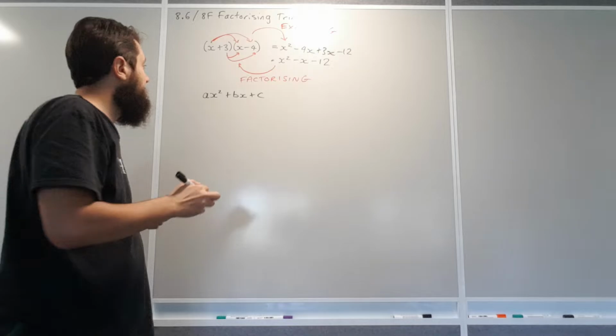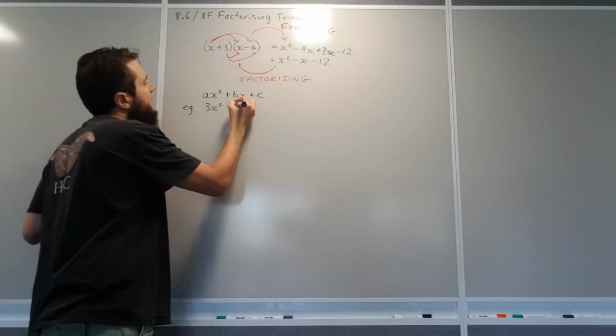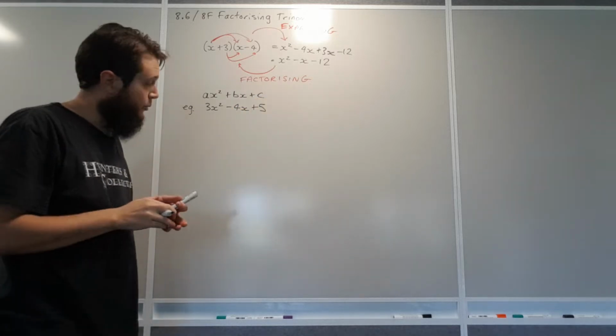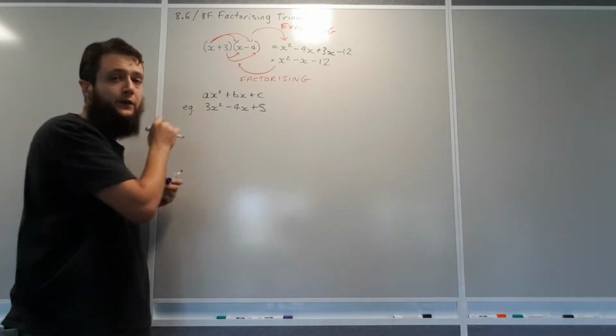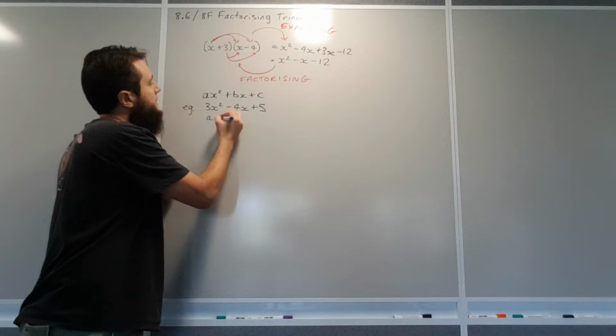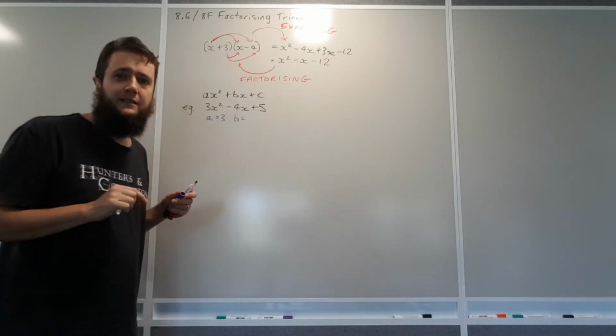Now what that means is, for example, if I had 3x squared take away 4x plus 5, what would the value of a be? A is what's out the front of the x squared. So in this case, a would be 3, b would be whatever's out the front of the x.